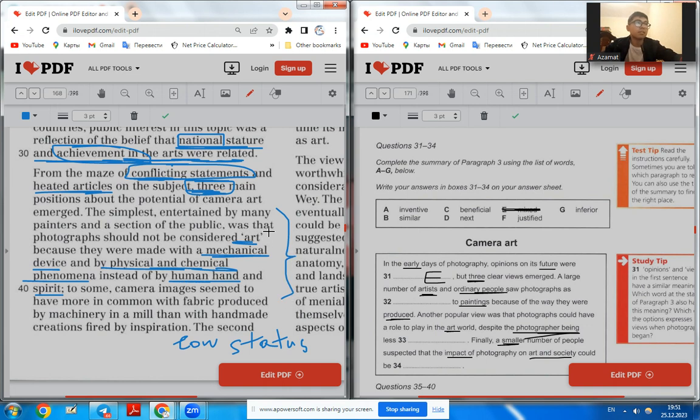The main point of this sentence was to say that photographs are in a low status and real art is something that is superior. Inferior means low status, having a lower status than the counterpart. So the answer for question number 32 is inferior because of this sentence. And the answer is G.